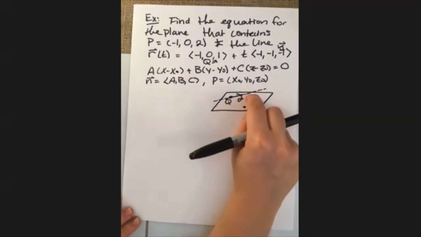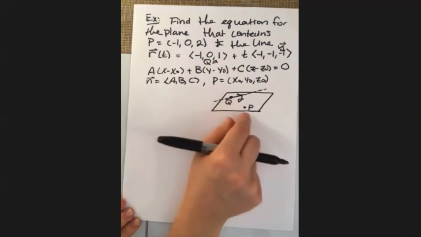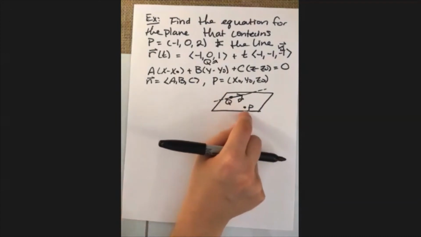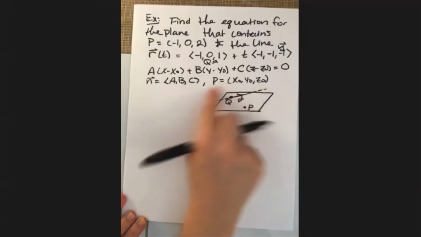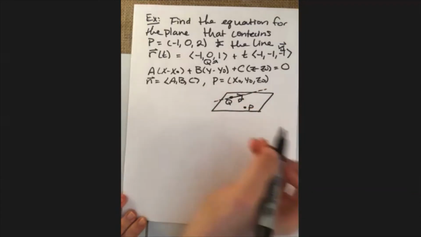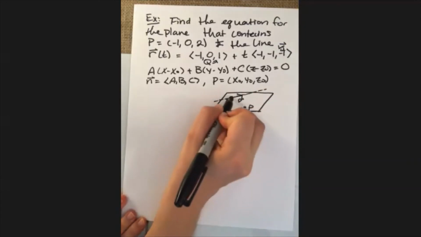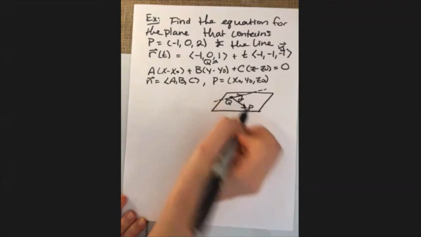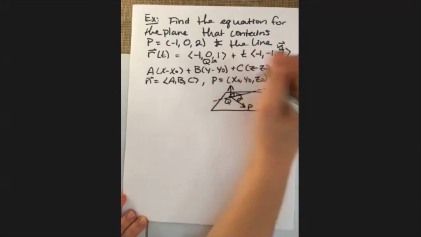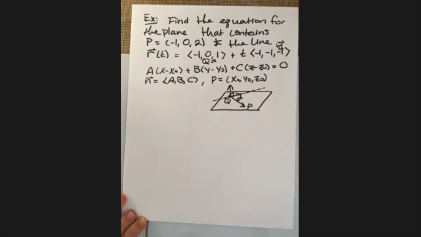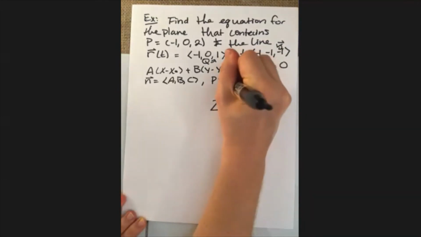If we can create one more vector that we know lies in this plane, then we're able to take the cross product of those two vectors to get something that is perpendicular to this surface. And so to be able to do that, I'm going to take this vector right here, QP, and then take the cross product of QP and V in order to get the normal vector that we're looking for.